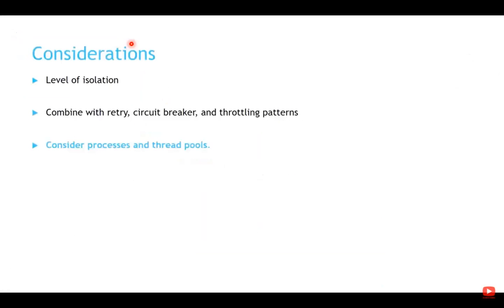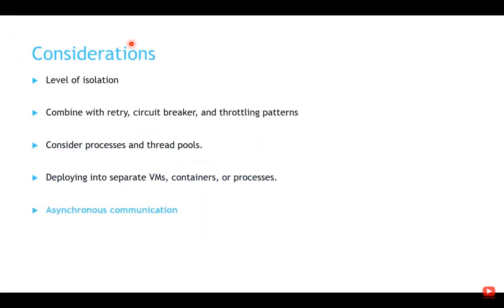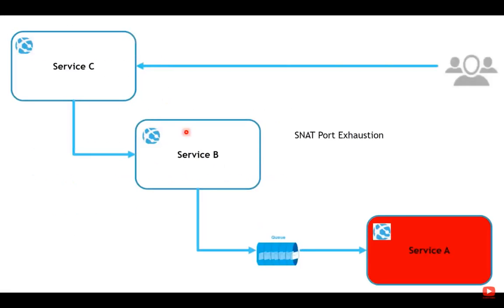As we mentioned, besides the connection pool, you need to consider the process or thread pool as well, also using separate VMs, containers, or processes for different workloads, and getting to asynchronous communication, which is really interesting. If we use a message queue in between to loosely couple service B and service A, then service B just sends the requests to the message queue, and it doesn't matter if service A is up or down.